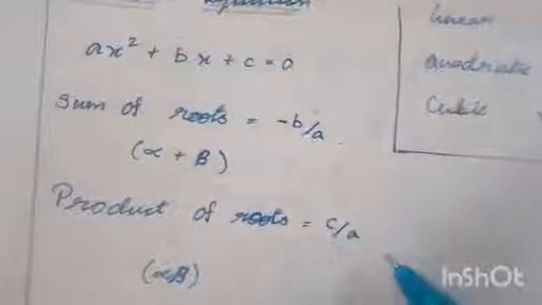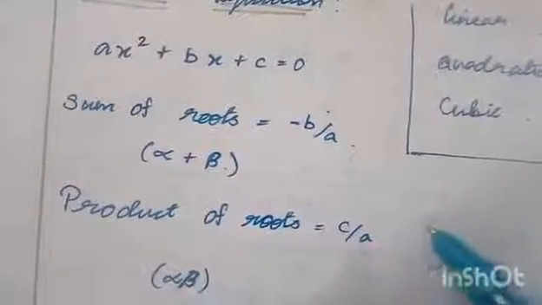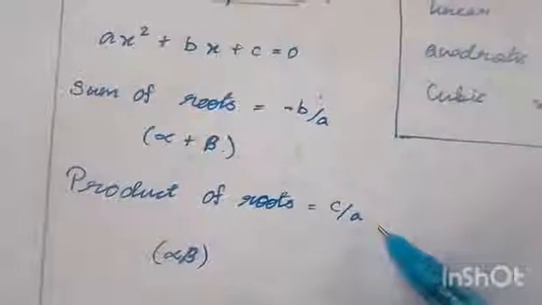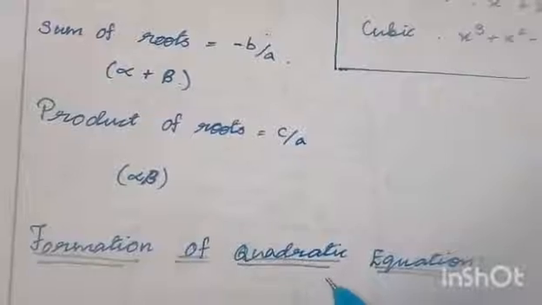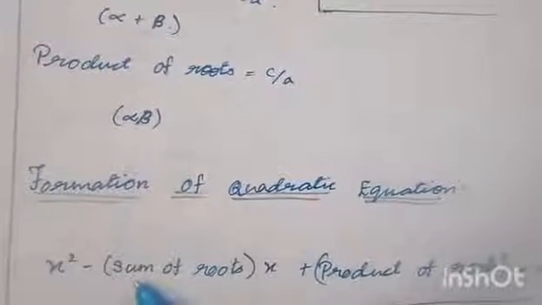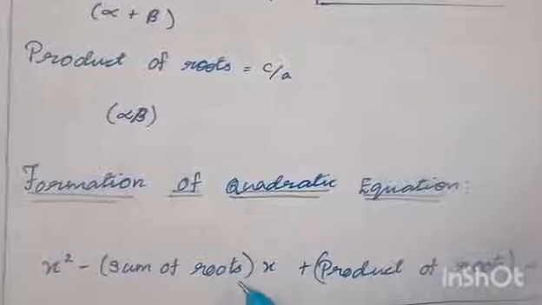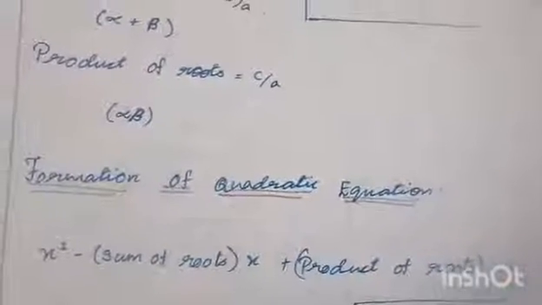Product of roots is c by a, that is alpha into beta equal to c by a. Now, the formation of a quadratic equation, what I taught you, is x square minus sum of roots into x plus product of roots is equal to 0.